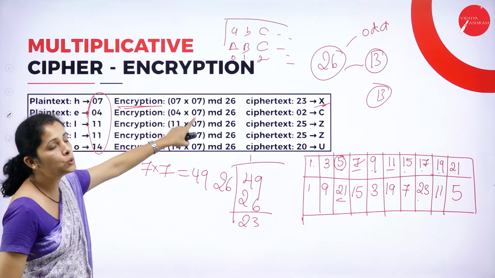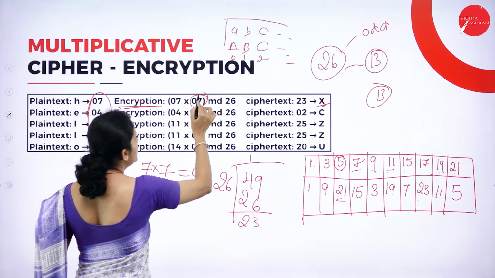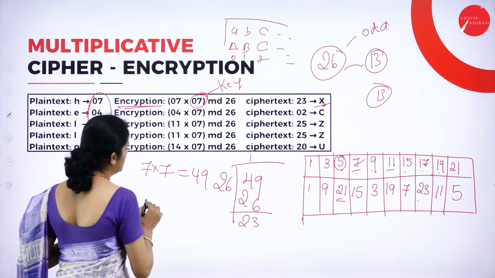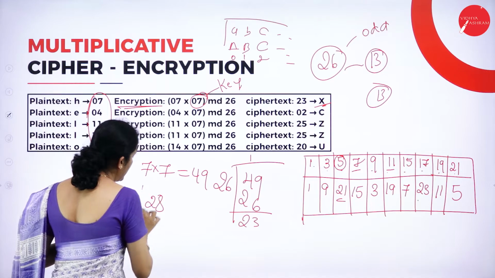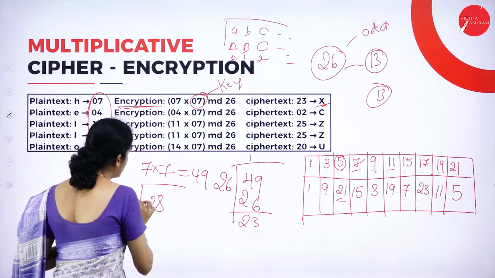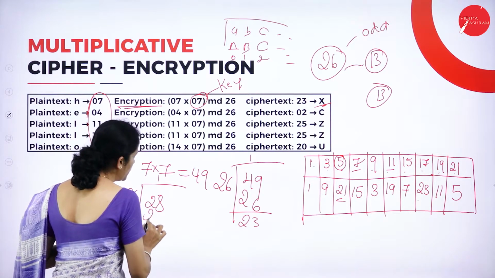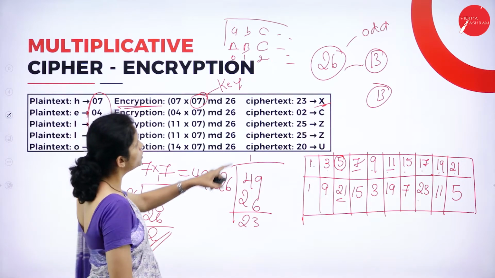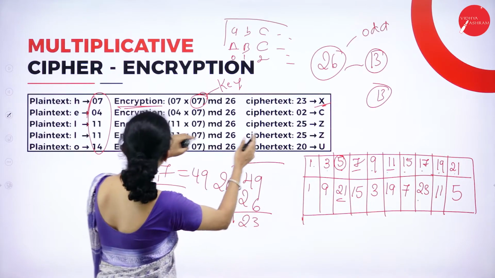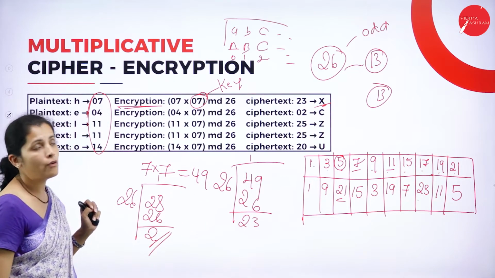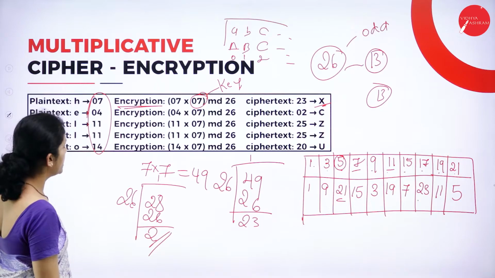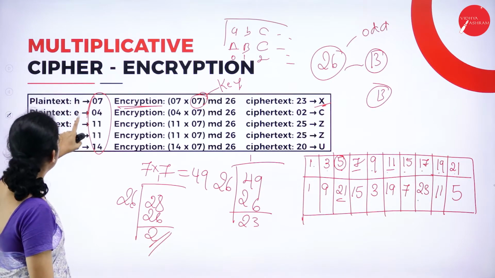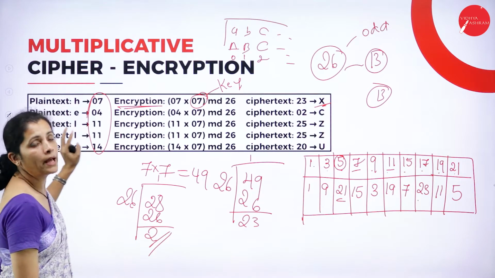So 4 times 7, where 7 is nothing but my key. 4 times 7, how much? 28. 28 mod 26: one 26 is 26 and I get 2. And what is there at position 2? It is C. Like that, I want to perform the multiplicative cipher for all the characters present in my given plain text.